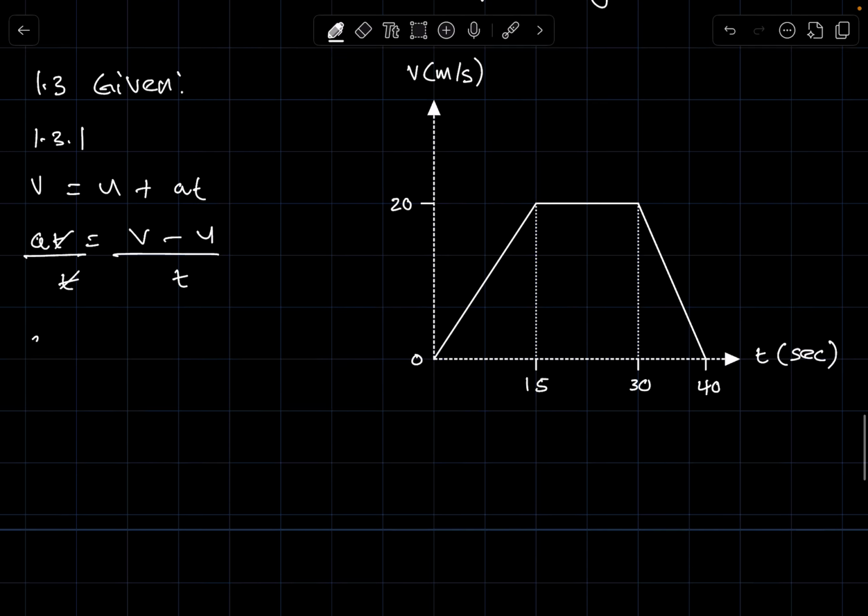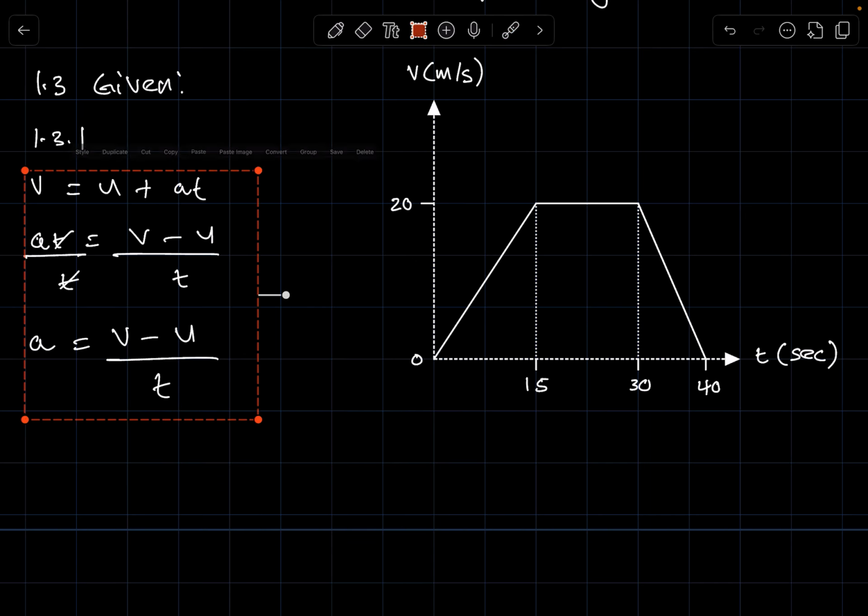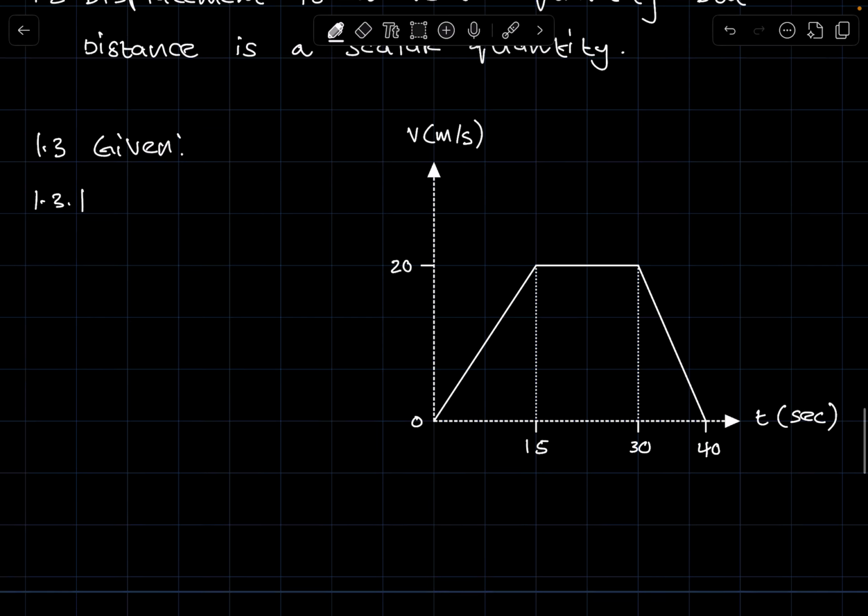So essentially acceleration is equal to (v − u) divided by t. We get this equation from the equations of motion.